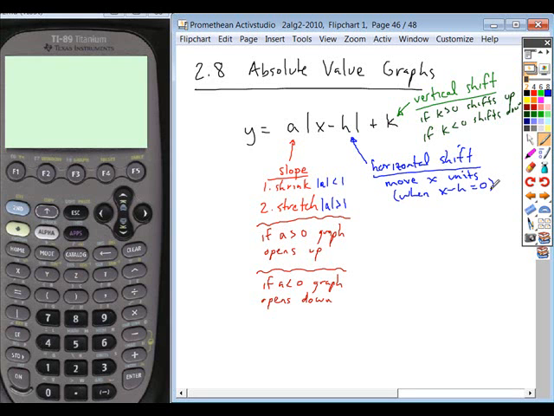All right, so if you take that whole expression inside the absolute values, so the x minus h, and you set that equal to 0, your horizontal shift is going to be whatever value of x would give you 0 inside that. Okay?